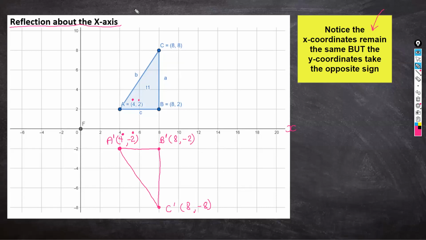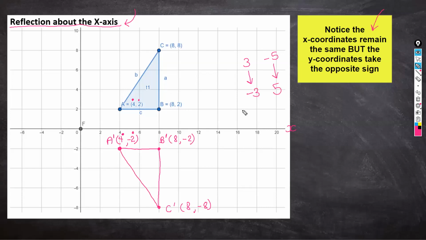So whenever you are reflecting something in the X axis, the X coordinates remain the same, but the Y coordinates will become the opposite. So if the Y coordinate was 3, it would change to -3. If the Y coordinate was -5, and that's saying if, it would change to +5. But the X coordinate remains the same.